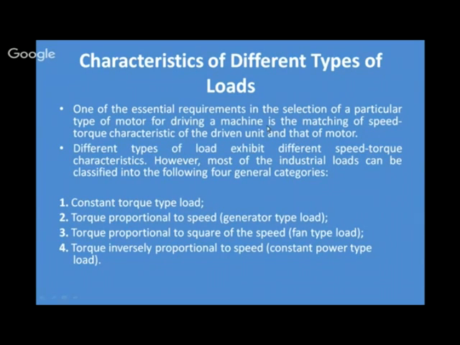Therefore we will use different types of motors or drives for different types of loads. For example, for a fan type of load we have the torque which is proportional to the square of the speed. So as we increase the speed of the fan, the torque requirement is proportional to the square of the speed of the fan.